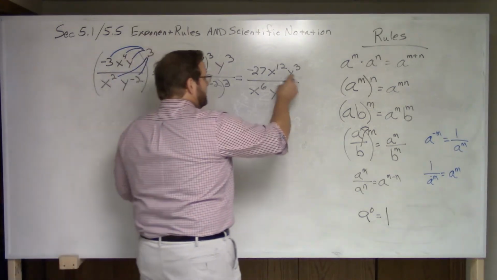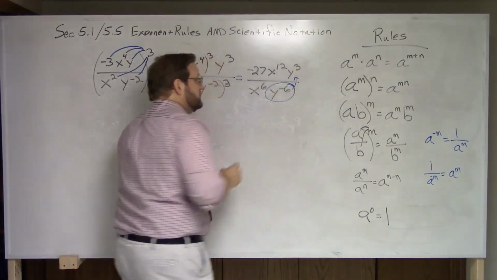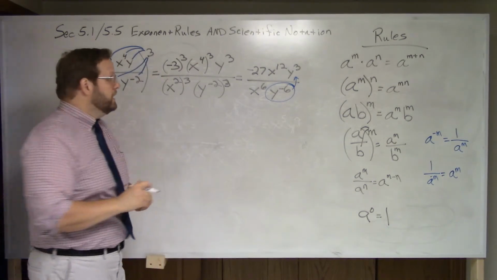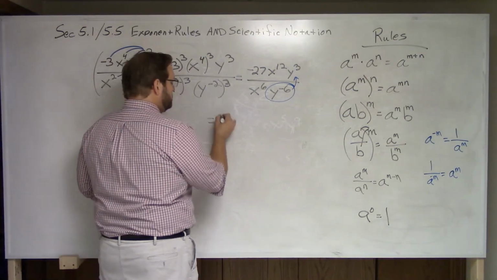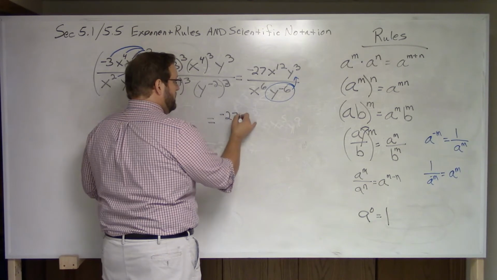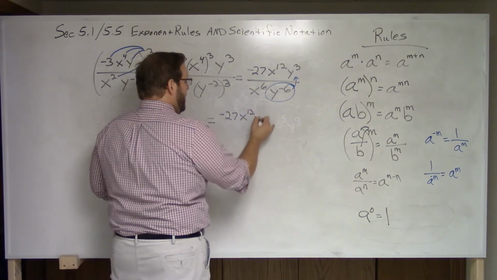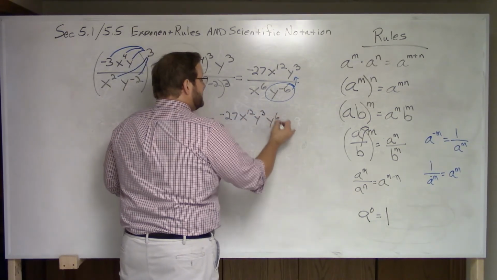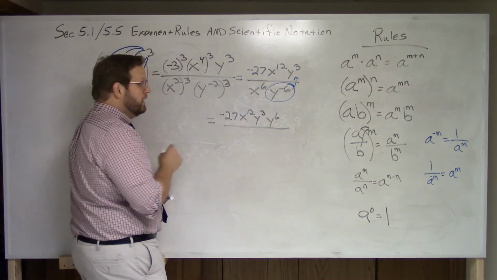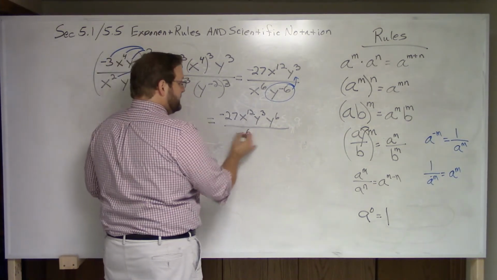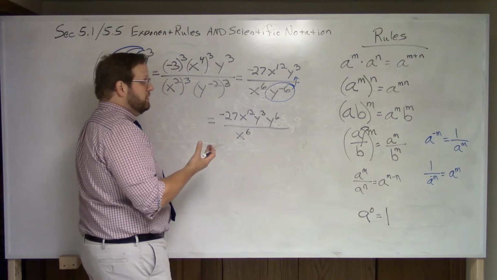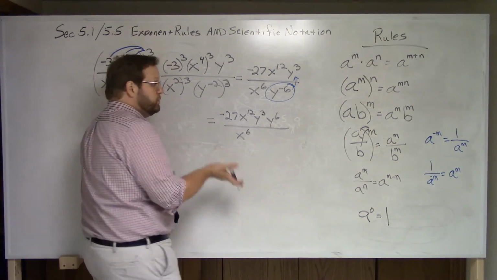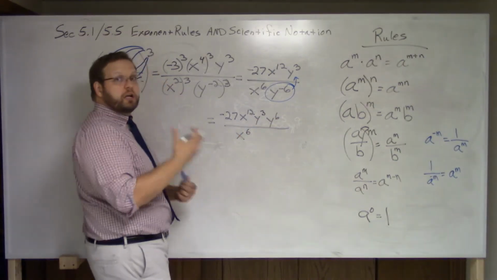But this needs to switch sides, okay? So, I have -27 x to the 12th y cubed y to the 6th, then x to the 6th, and that's it, okay? I didn't lose anything, I just moved that y up, and now I can start cleaning up.